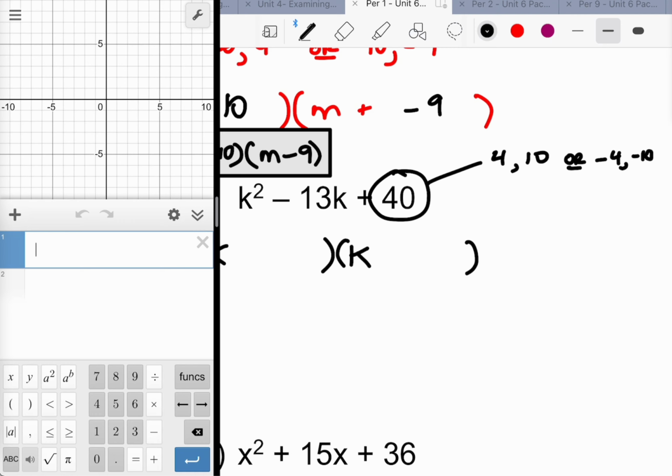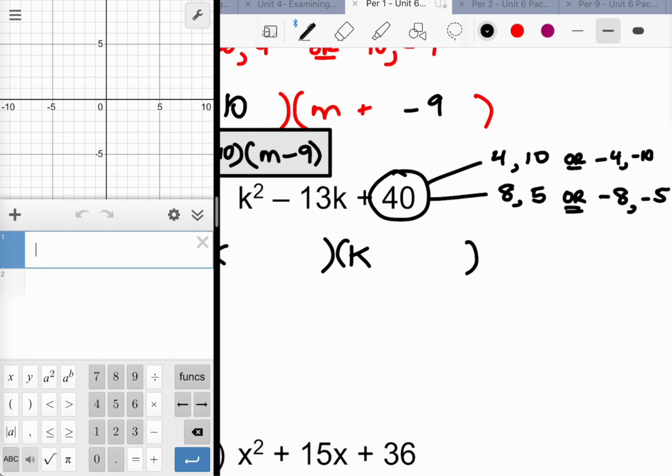And you think, all right, well, let's try 8 and 5. Eight times 5 is 40. If I add an 8 to a 5 or a 5 to an 8, I'm going to get a 13, but it's the wrong sign. Now, because I'm multiplying to a positive 40, it could also be the case that I'm looking at a negative 8 and a negative 5. So it took a little while here, but I eventually came up with the winning combination. All right, because negative 8 plus negative 5 will result in a negative 13.